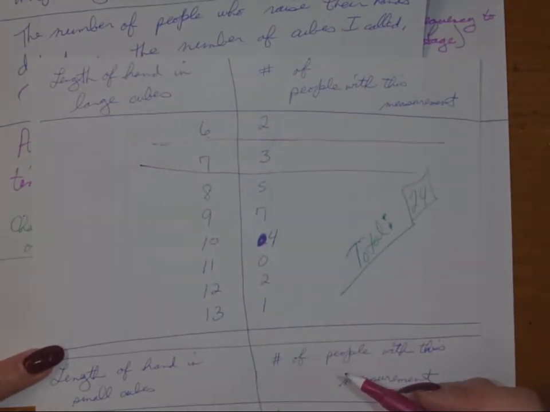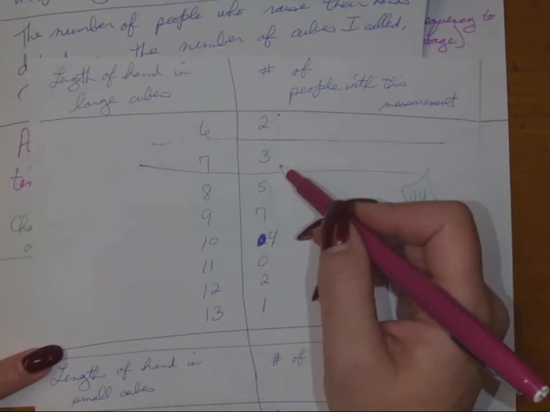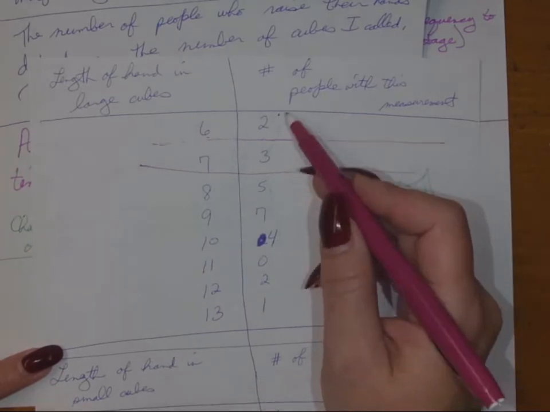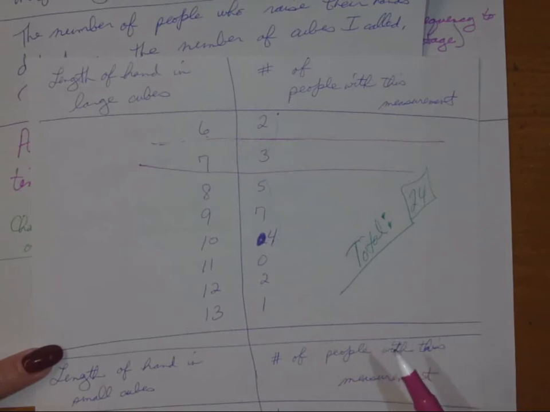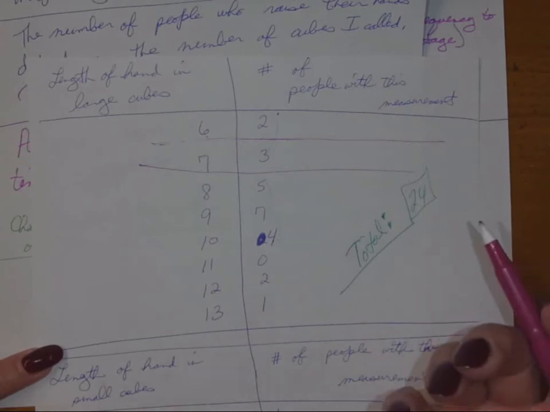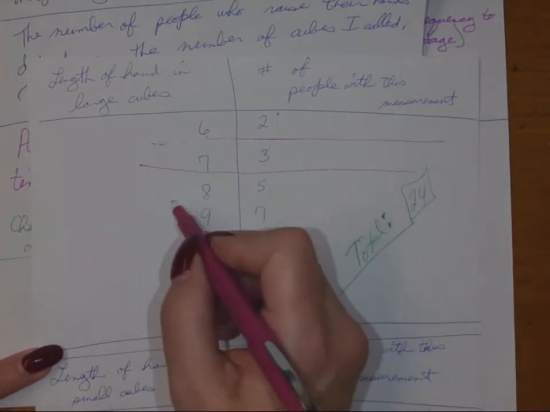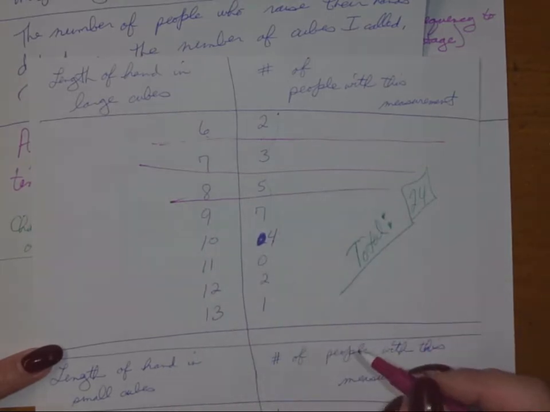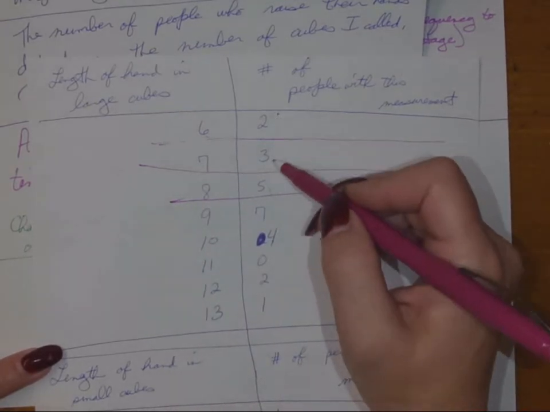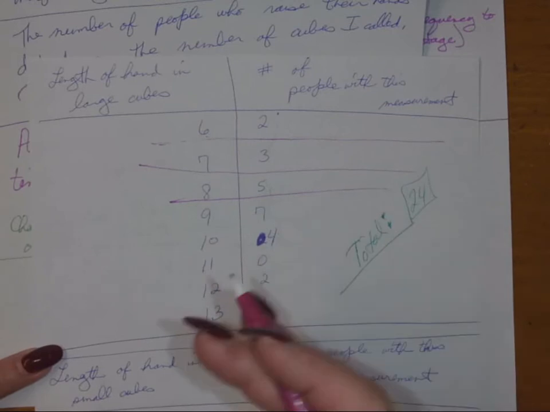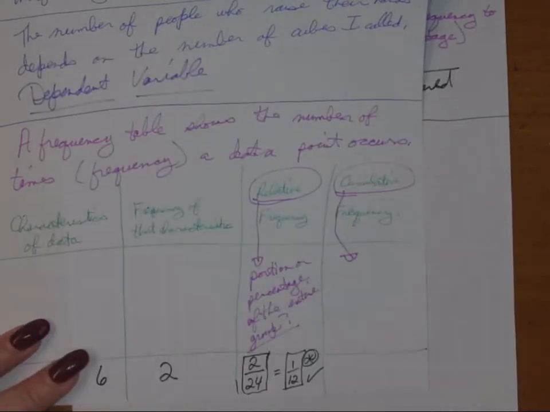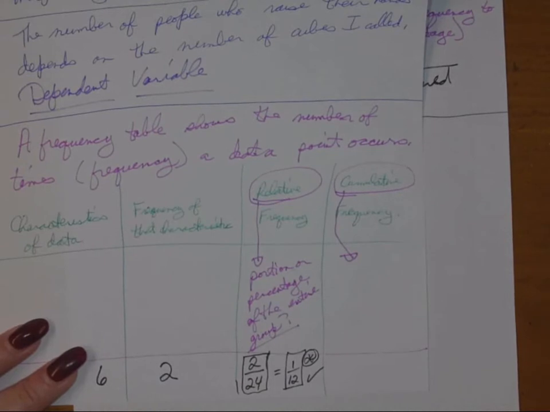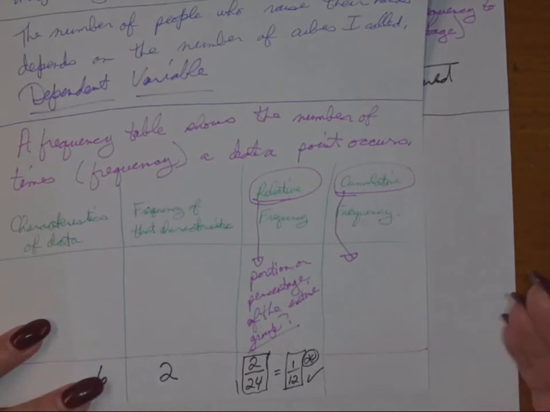Now that would include the 6 and the people who have 7, right? So it would be 2 plus 3. You would say there are 5 people in that class, right? And then if I said, how many had 8 or fewer? Well, that was 2 plus 3 plus 5. So I'm gathering more and more. I'm summing up or totaling up as I get more and more of them. So it's accumulating. That's why we use that word.